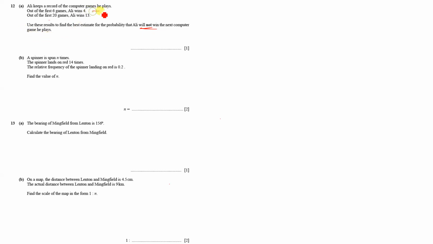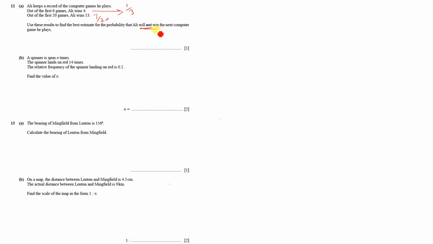So the probability of winning in the first 6 games was 2 over 3, so losing is 1 over 3, right? And out of the first 20, Ali wins 13, so not winning is 7 over 20.